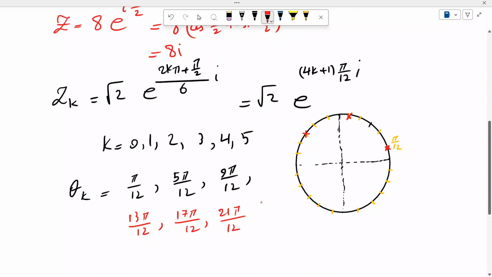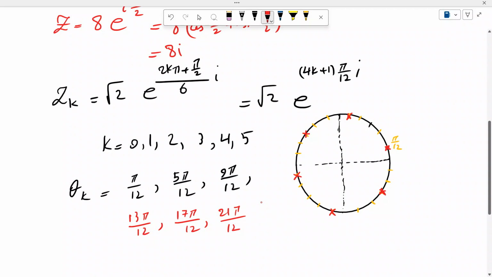So this was 1 pi over 12, 5 pi over 12, 9 pi over 12, 10, 11, 12, this is 13 pi over 12, 14, 15, 16, 17 pi over 12, 18, 19, 20, 21 pi over 12. And we can see that this 21 pi over 12 is exactly minus pi over 4.